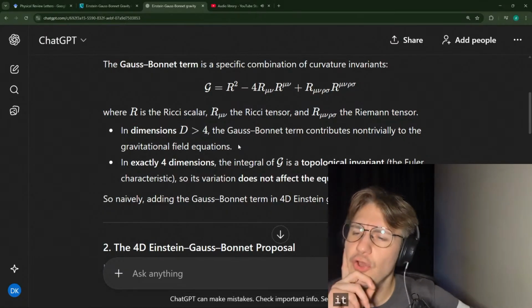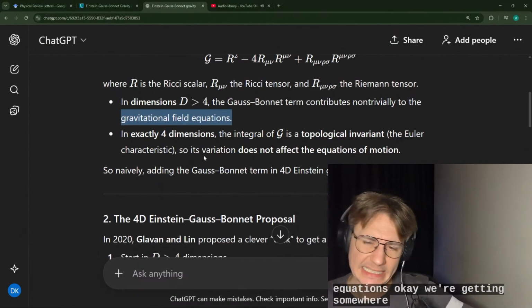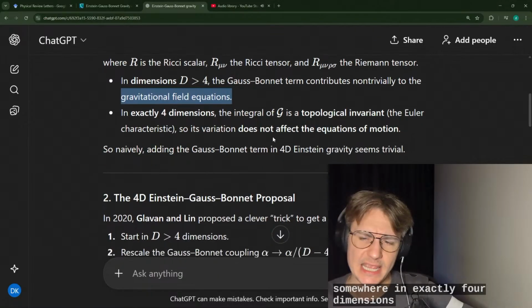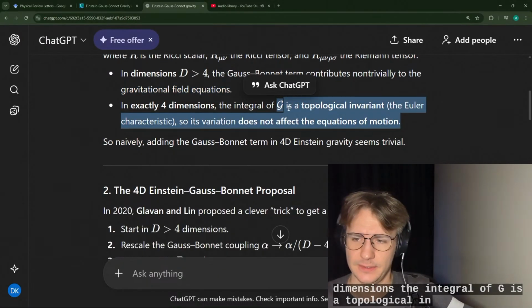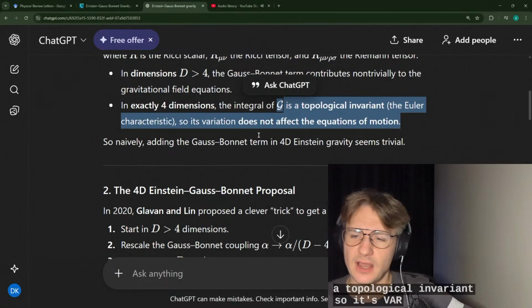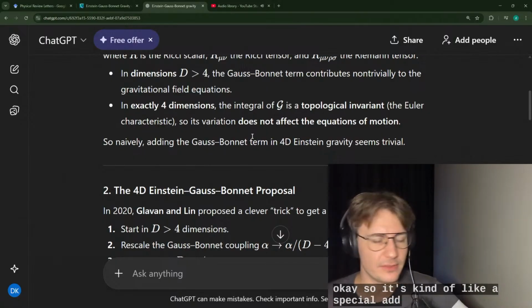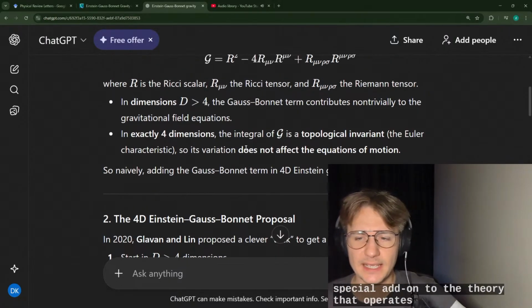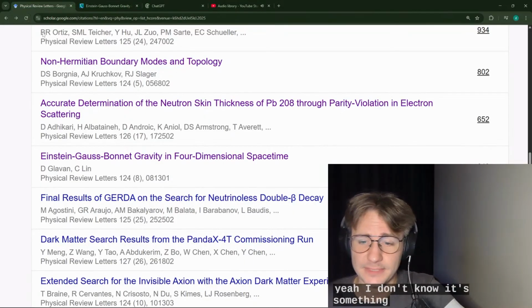It contributes non-trivially to the gravitational field equations. Okay, we're getting somewhere. In exactly 4 dimensions, the integral of G is a topological invariant, so its variation does not affect the equations of motion. Okay, so it's kind of like a special add-on to the theory that operates independently and powerfully. Yeah, I don't know. It's something real specific.